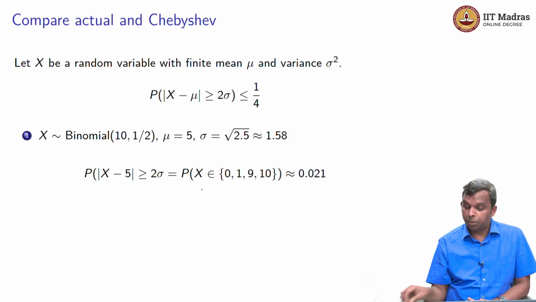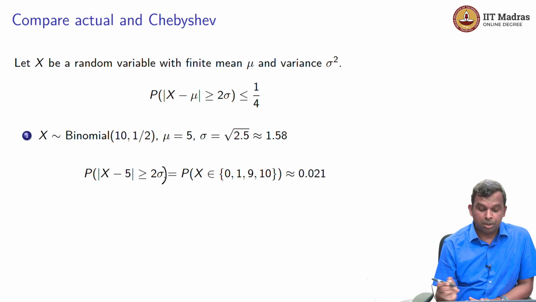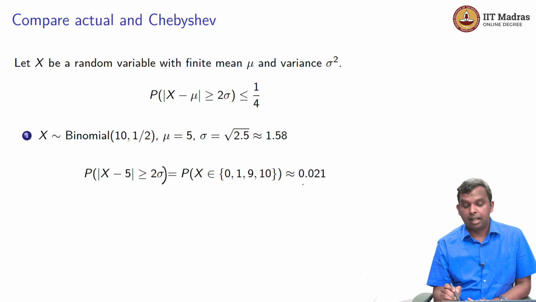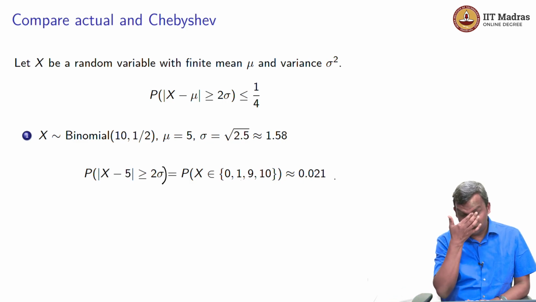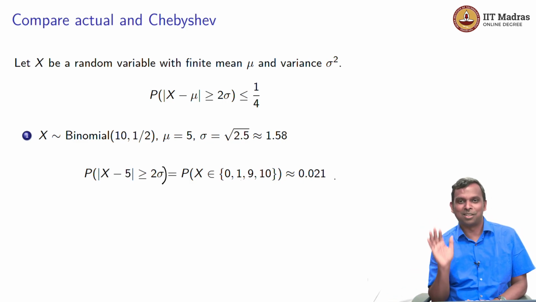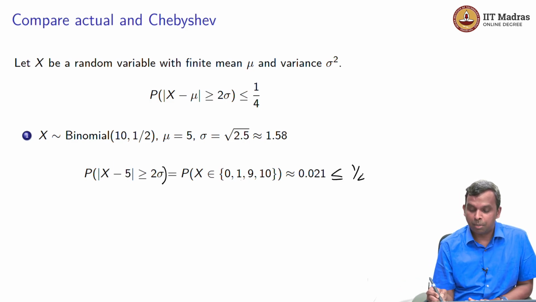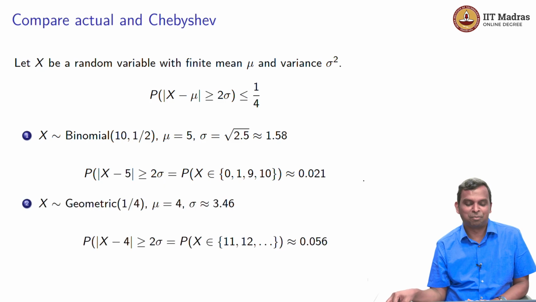If you actually do this probability calculation, P(|x − 5| ≥ 2σ), x needs to be 0, 1, 9 or 10, and that is 0.021. It's much smaller than the Chebyshev bound, and there are reasons for this, but at least the inequality holds. This is definitely at most 1/4.